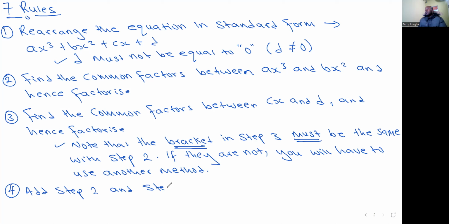So what you got from step 2, you add it to what you get from step 3. Then after doing that, number 5, you take one of the brackets as a representative.